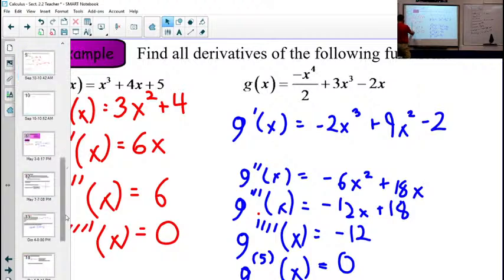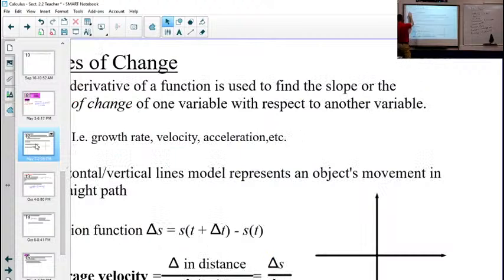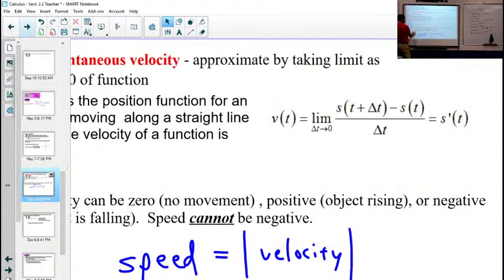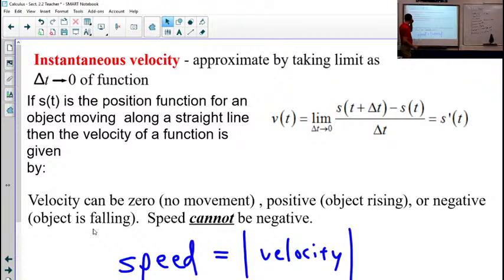Now let's look at velocity and acceleration. Velocity can be 0.